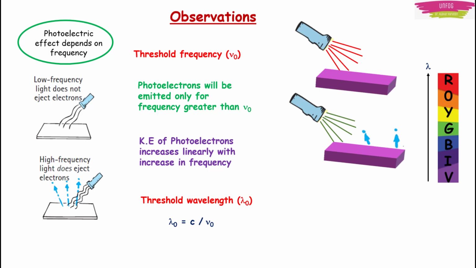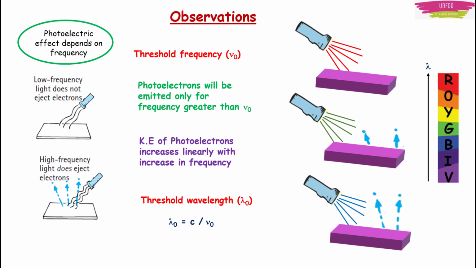Now with the highest frequency light, the blue color, I will have electrons with more kinetic energy. These were the observations of the photoelectric effect. The two main observations: intensity determines the number of photoelectrons ejected, and the frequency of the incident light determines the kinetic energy of the photoelectrons ejected.